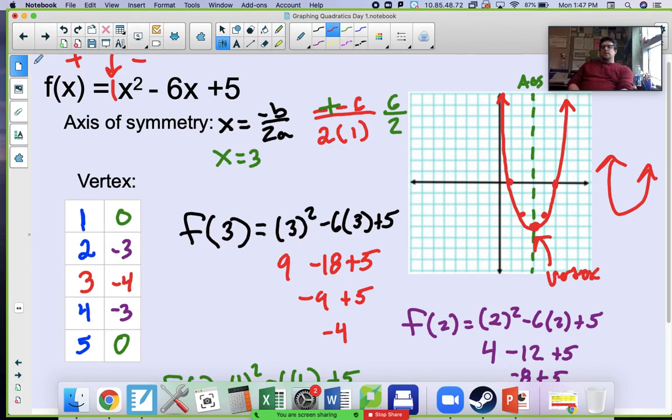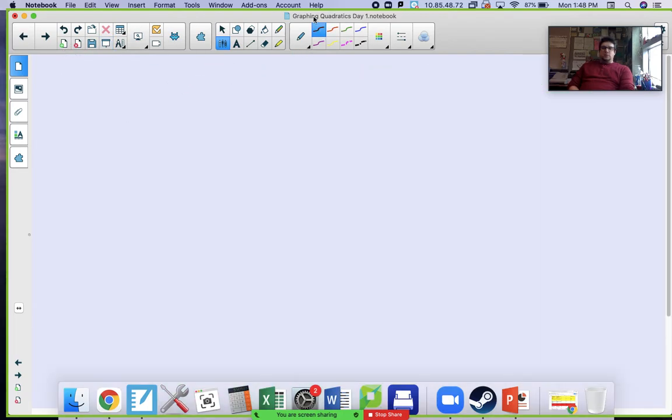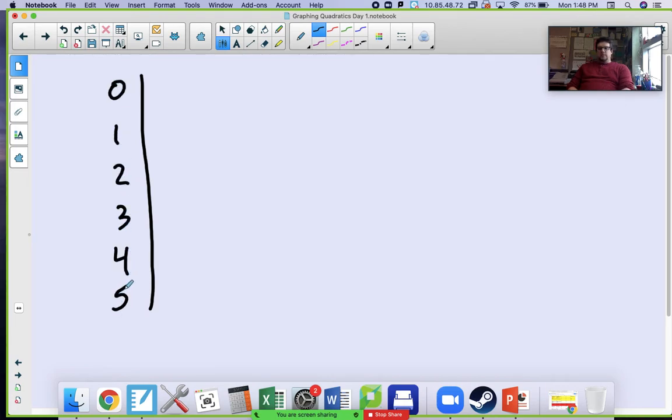Okay. How the cheater's method works is it follows a principle of what happens with square numbers. So if I have 0, 1, 2, 3, 4, and 5, 6, whatever, and I square each of these: 0 squared, 1 squared, 2 squared, 3 squared, 4 squared, and so on. So I get 0, 1, 4, 9, 16, 25, 36, so on and so forth.